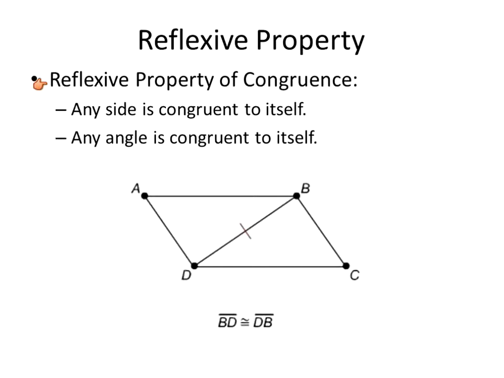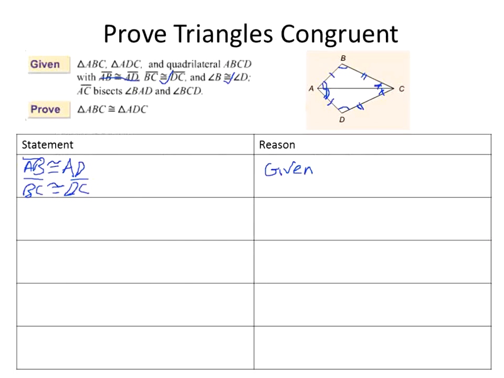Oh, there it is. Okay, we learned about the reflexive property, and remember that said any side is congruent to itself. So remember here they shared the side, so we wrote that BD is congruent to DB, and you could write BD is congruent to BD also. And that's because of the reflexive property.